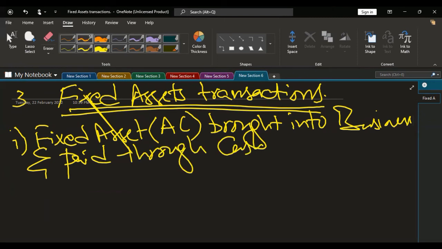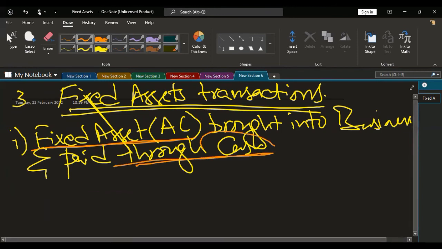So now think which two items are affected here. First one is the AC, that is our business asset, because future benefits are expected from this AC through its cooling or heating. And the second item that is affected is cash, as it is paid through cash.